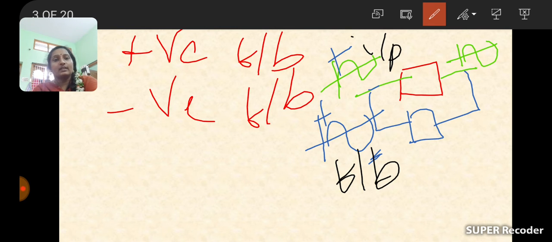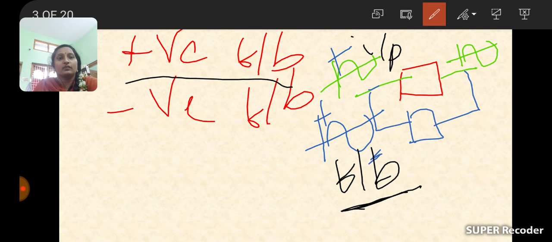If the feedback signal is in phase with the input signal, positive, negative, negative, then the feedback is called positive feedback. If the feedback signal is in phase with the input signal, then the feedback is called what? Positive feedback.